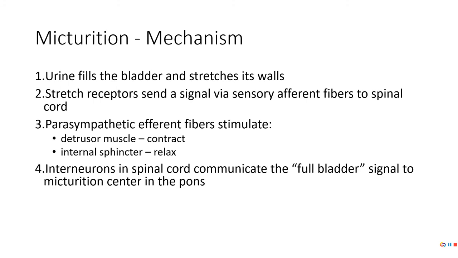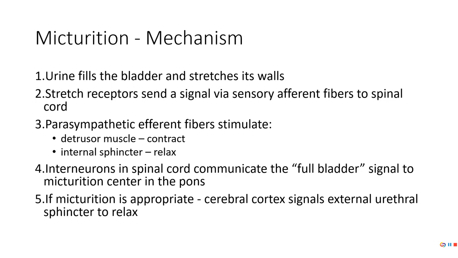There are interneurons. Remember, interneurons connect other neurons to each other, and they tell your spinal cord, hey, bladder's full, we need to pee. And if that's what you decide to do, the cerebral cortex signals the external sphincter, remember it's a urethral sphincter, to relax.